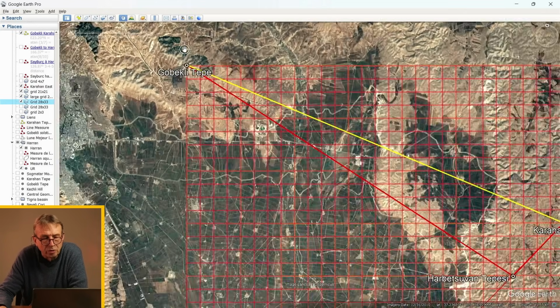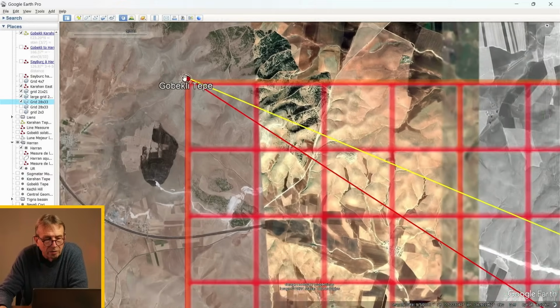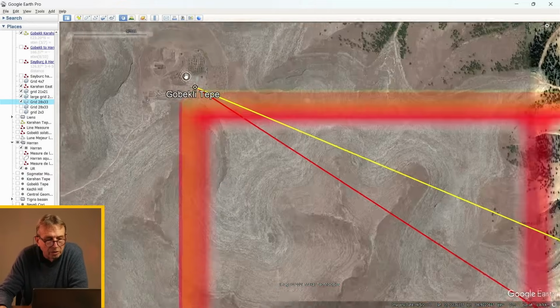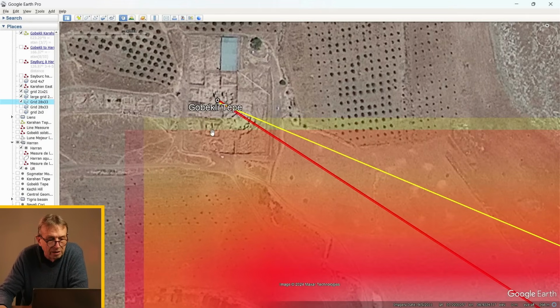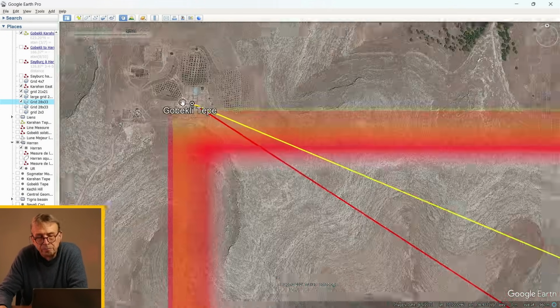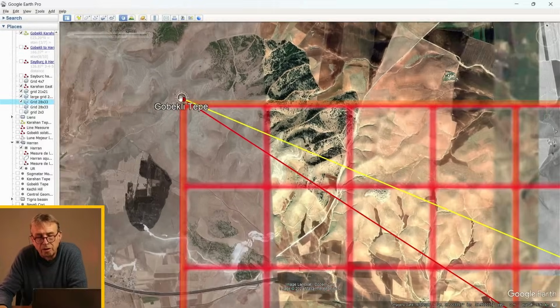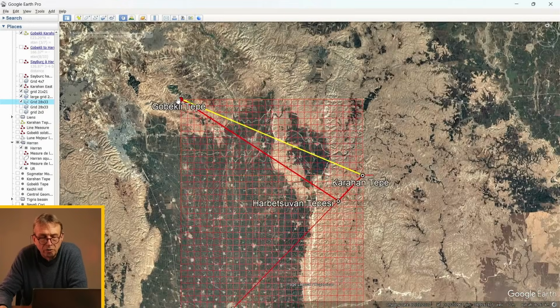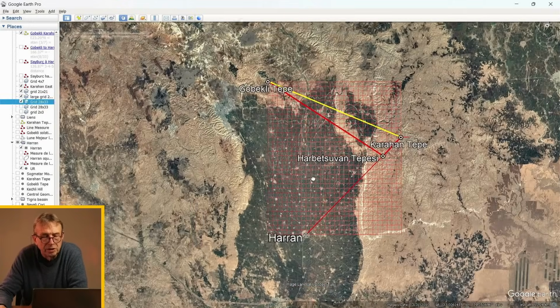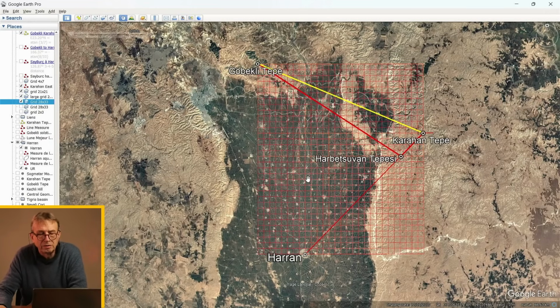If I come up to the corner here, we can see we're right in the corner at Göbekli Tepe, right at the site. Okay, here are the different circles at Göbekli Tepe. So it's just on a massive scale, a really incredible precision. Okay, so that's something quite astounding.